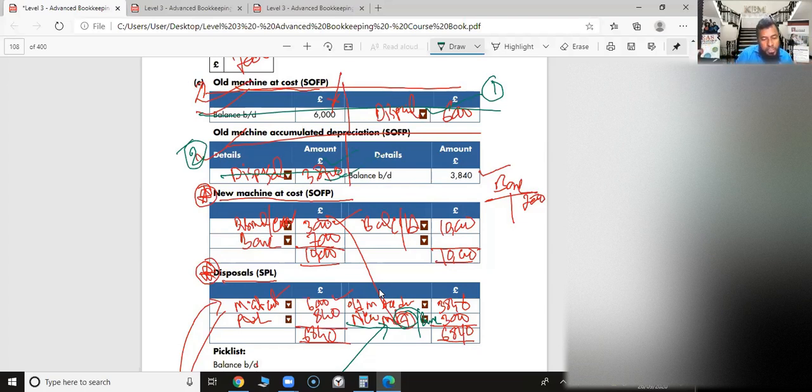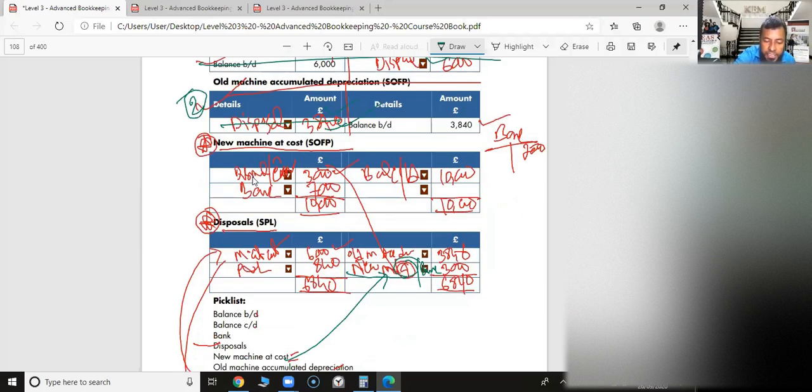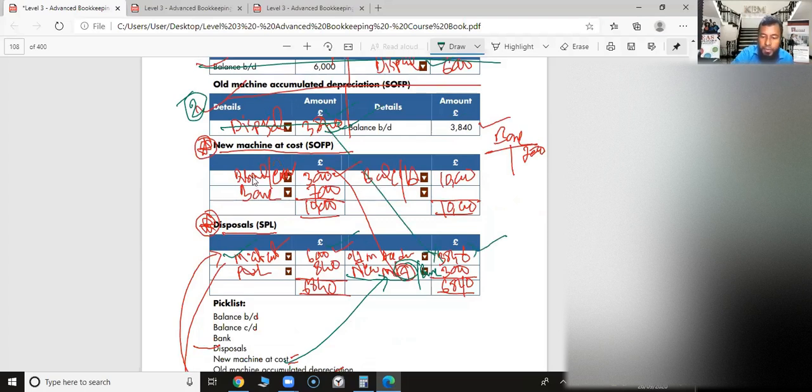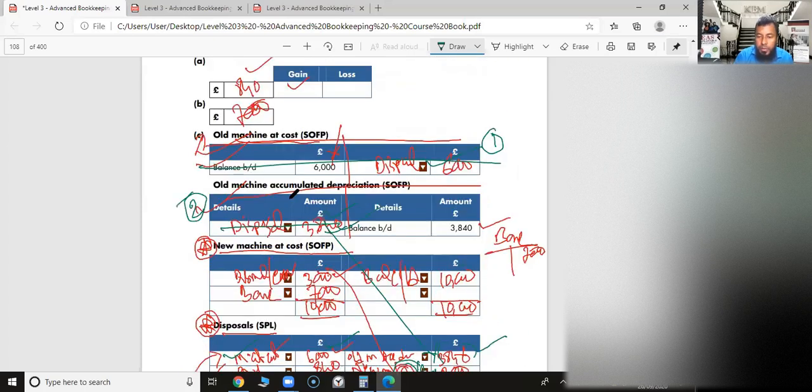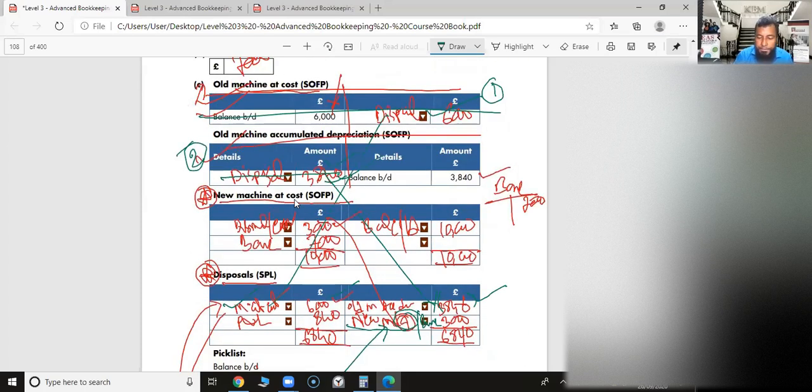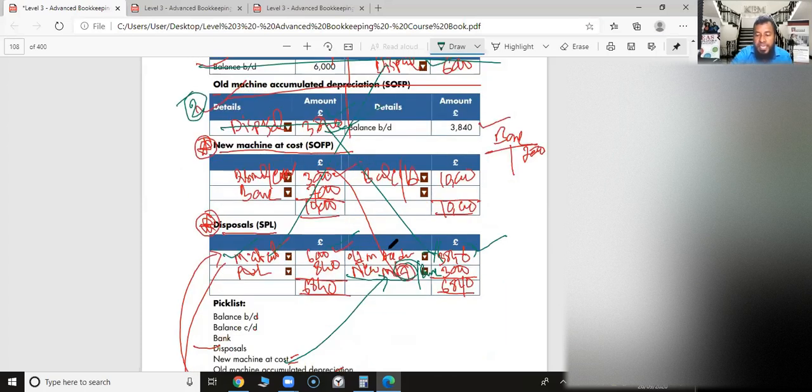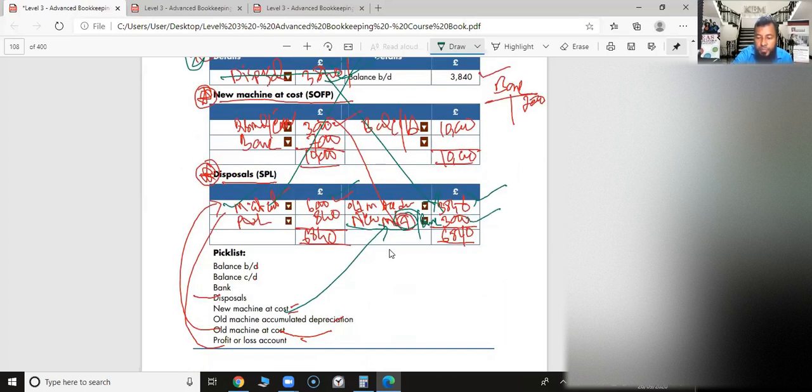Then I jumped into the disposal account. On the debit side, I have written machine at cost 6,000 minus 3,840 old depreciation, because these are coming from here. Then I compared how much the exchange was for, 3,000. And then I got a profit by exchanging it, 840 profit.